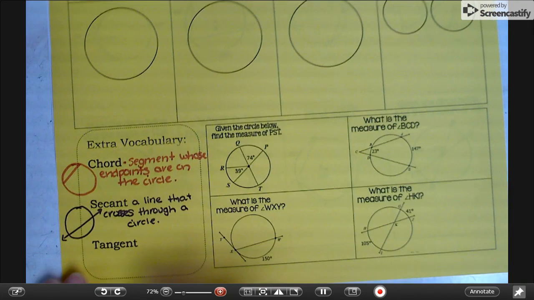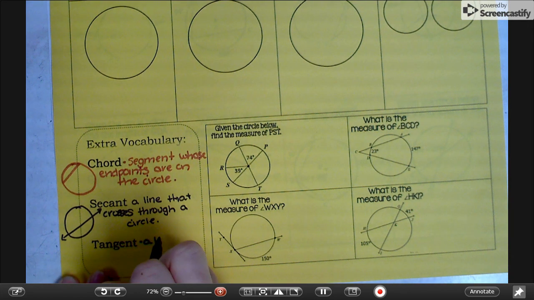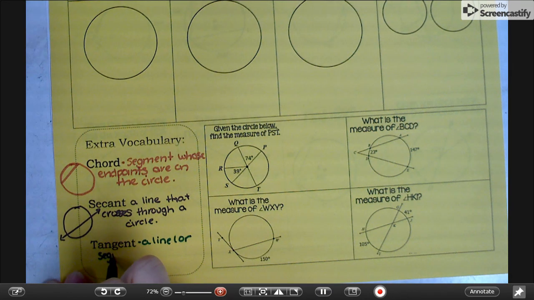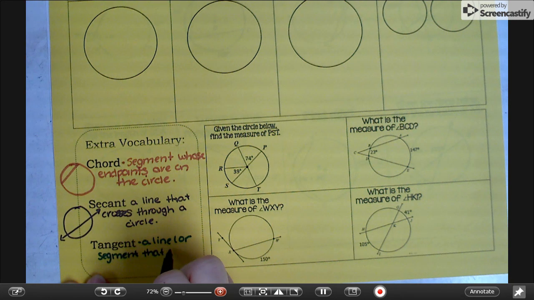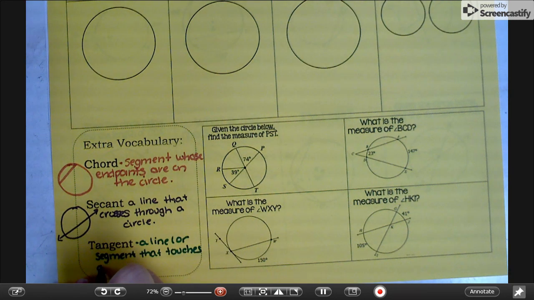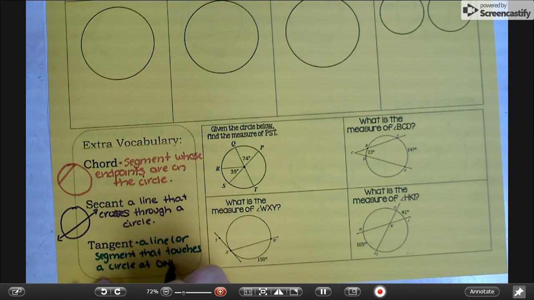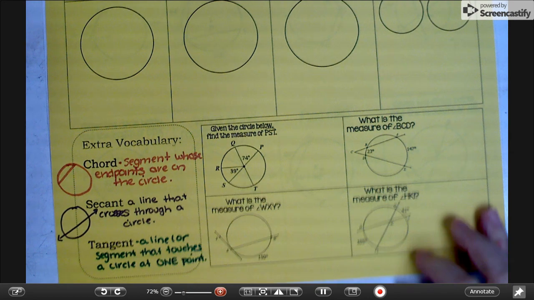And a tangent, this is different from the trig tangent, is a line or segment that touches a circle once. At one point. So it just kind of skims on the circle.